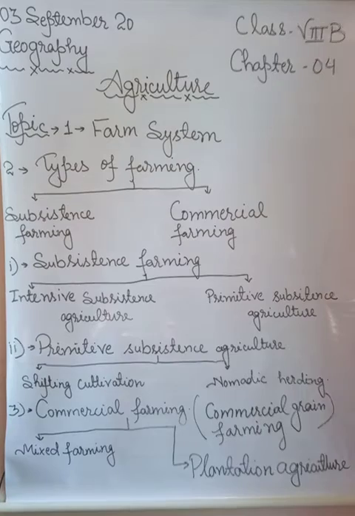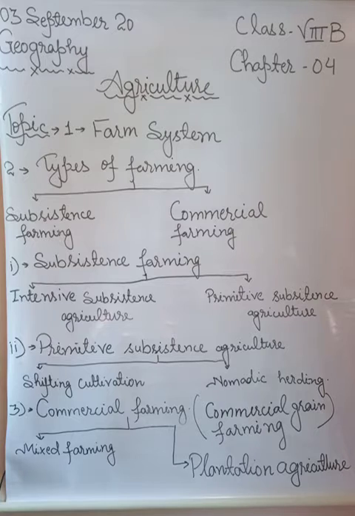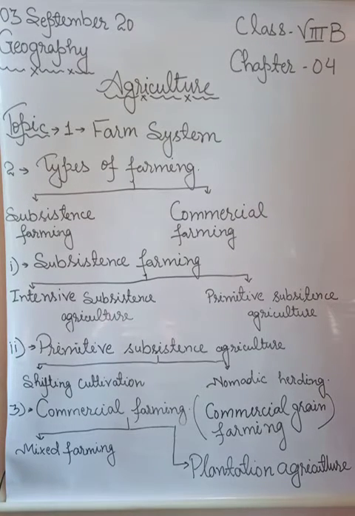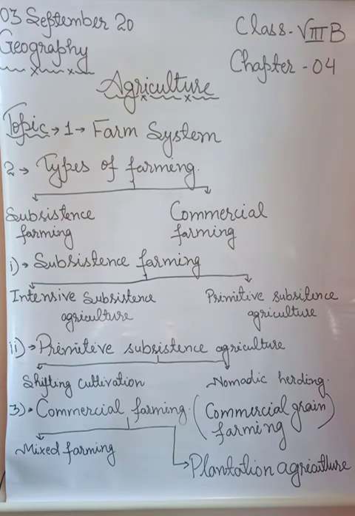And in this type of farming, farmers are mostly dependent upon natural climatic conditions like the number of days with sunshine and fertile soils, which permit growing more than one crop annually on the same plot of land.